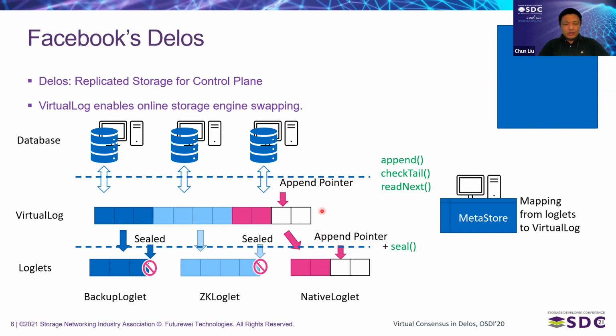Thus, they need to query the meta store to find the latest loglet, then append to the new one. With this mechanism, Delos can switch engines on the fly, such as from ZooKeeper loglet to native loglet and back and forth, without disruption to the application.